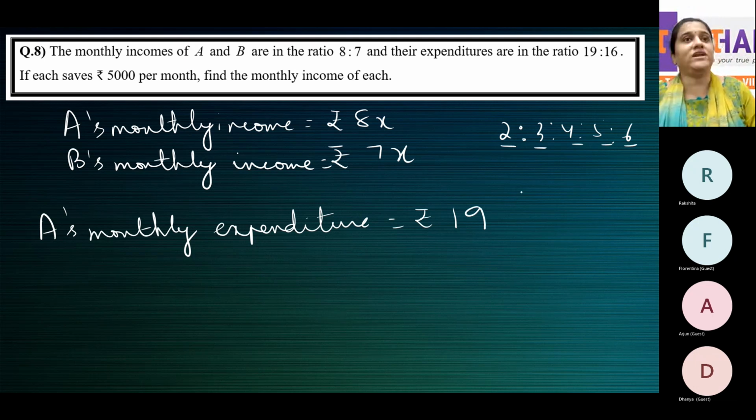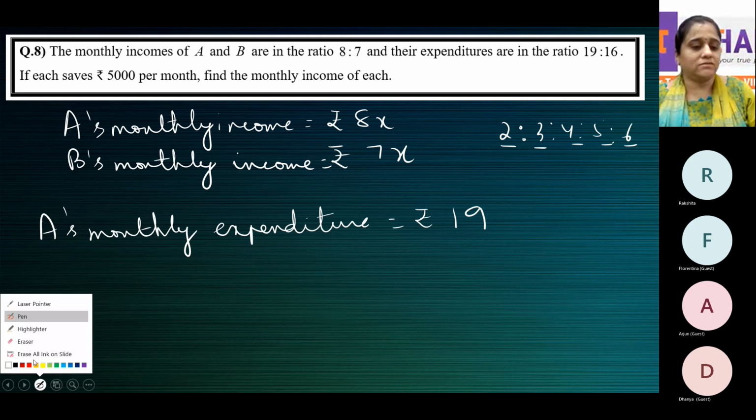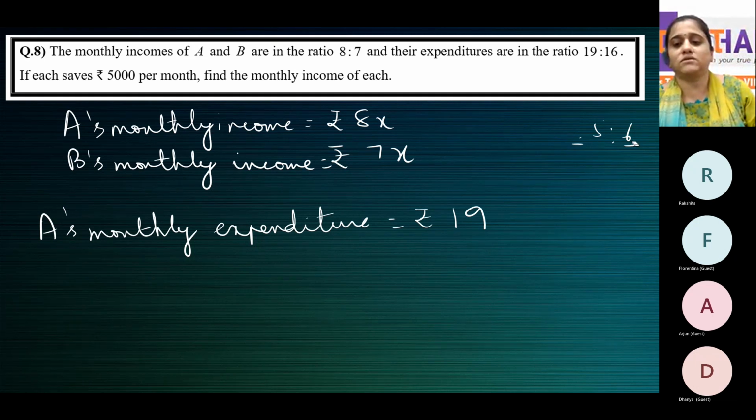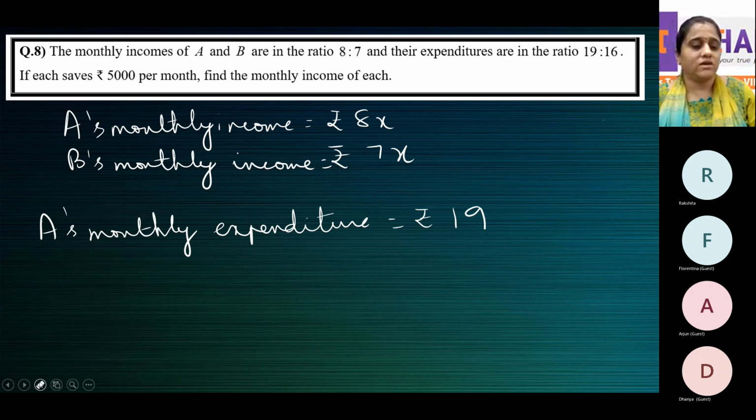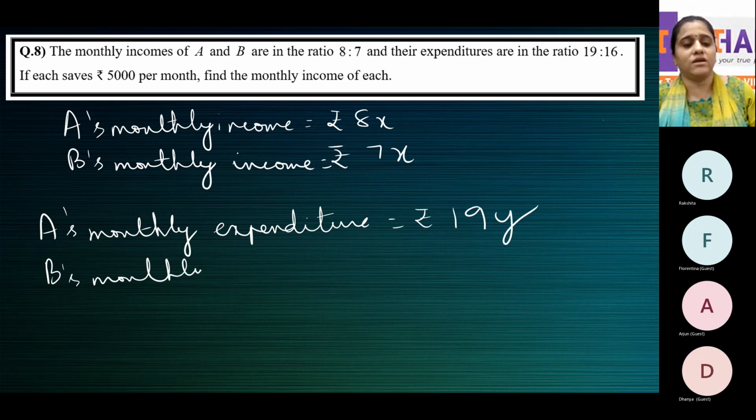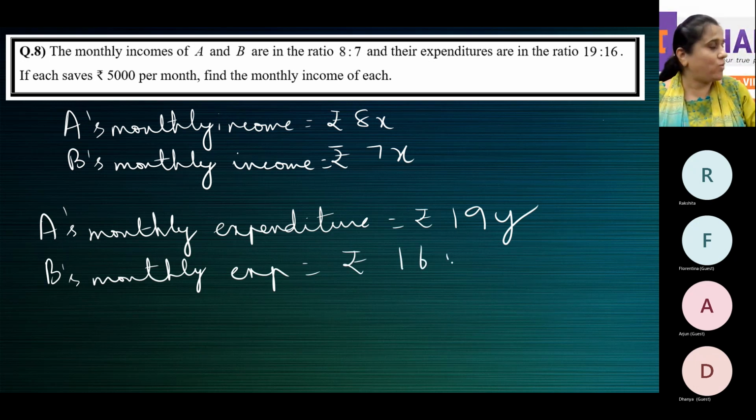But this is a different ratio, so you cannot say 19x again. It is 19y, 16y. In one ratio, only one unknown should be taken, x or y. So A's monthly expenditure is 19y and B's monthly expenditure is rupees 16y.